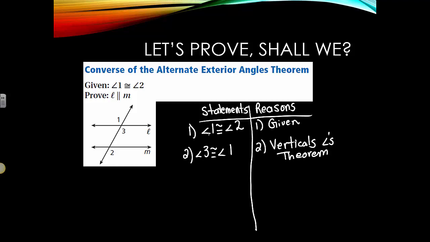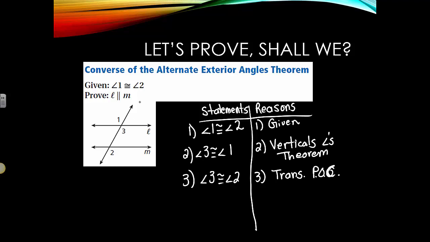Okay, so if 1 is congruent to 2 and 3 is congruent to 1, then by the transitive property, I can say that angle 3 is congruent to angle 2. That's the transitive property of congruence. And what kinds of angles are 3 and 2?